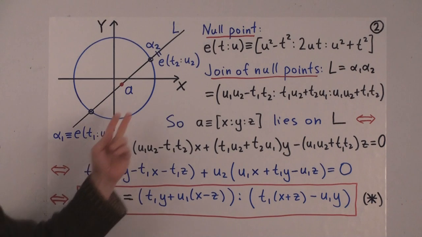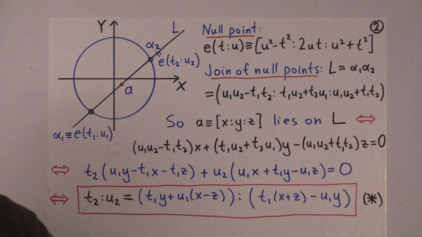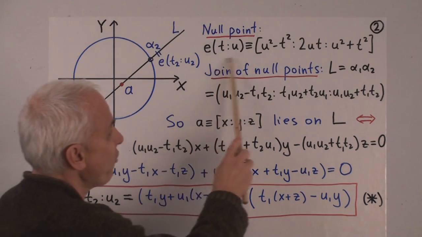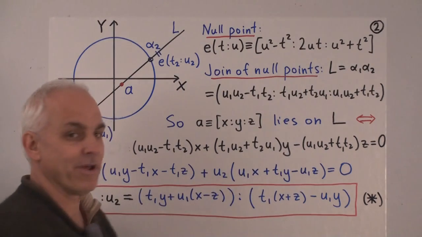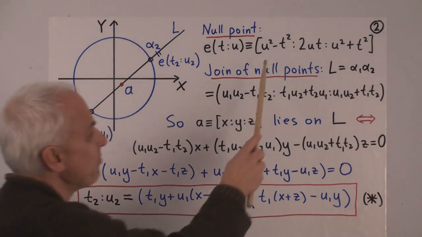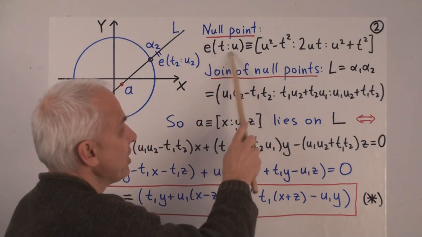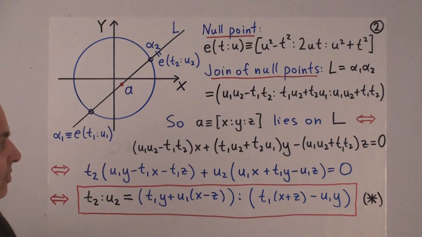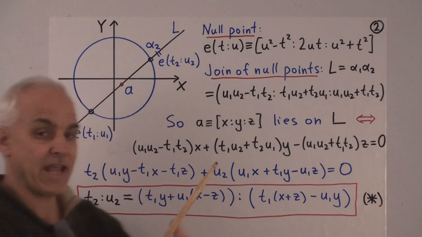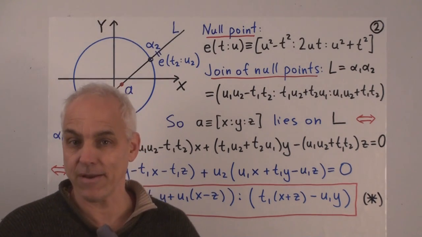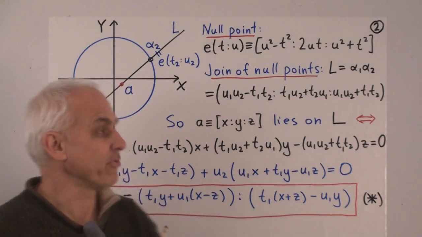And each of these is given by a proportion. That's our projective parametrization of the null points. And I remind you that here's the formula for it. This is an all-important formula for the point on the circle, or the null point, associated to the proportion t to u. This is our extension of the Pythagorean parametrization.